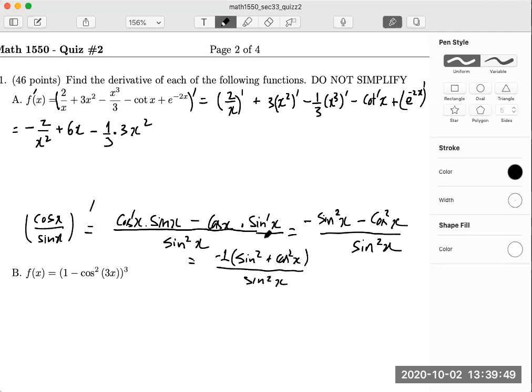Okay. And it will be negative 1 over sine squared. So you can write it here, negative, but in front of that there's a negative sign here, right? So therefore it will be, yes, very good.